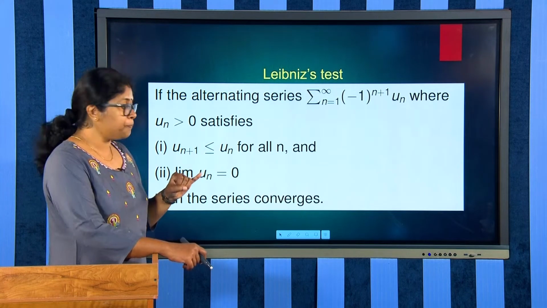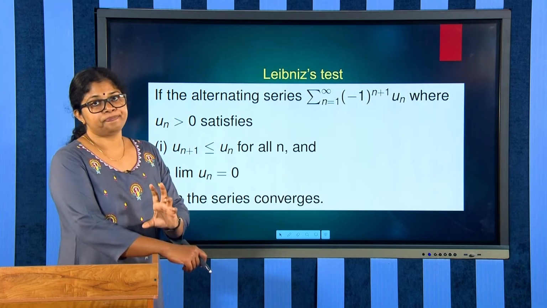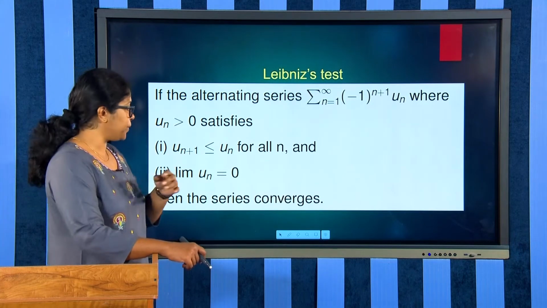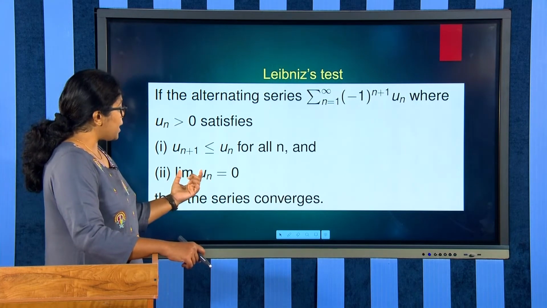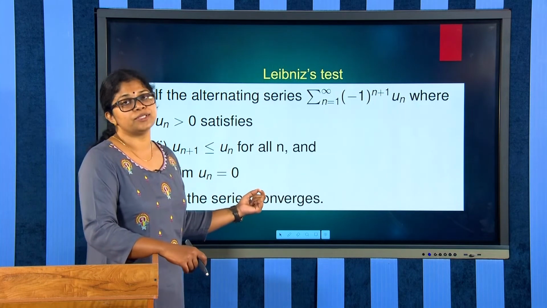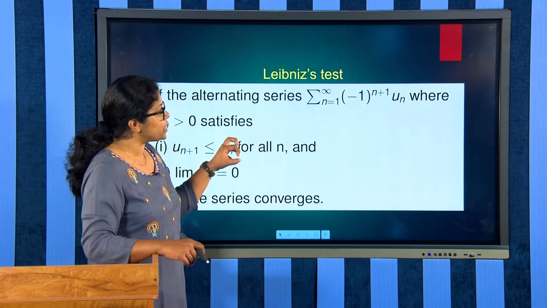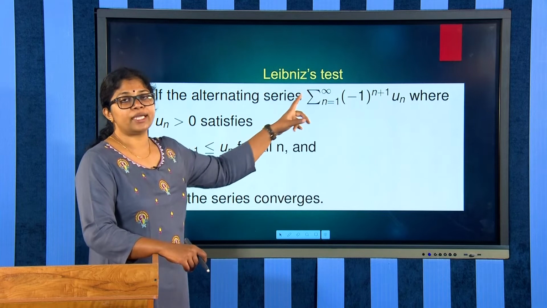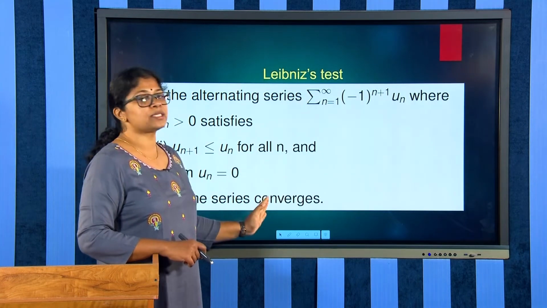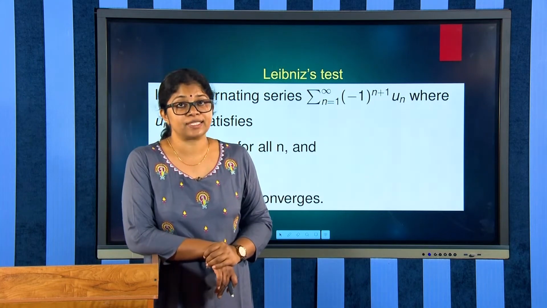Condition number 1, the terms should be in a decreasing order. So, the terms should descend from the first term. It should decrease, and as n tends to infinity, the nth term should go to 0, or limit of un is equal to 0. So, these two conditions guarantee that the alternating series converges. Otherwise, if one of these fails, then the alternating series diverges. That is what Leibniz said.